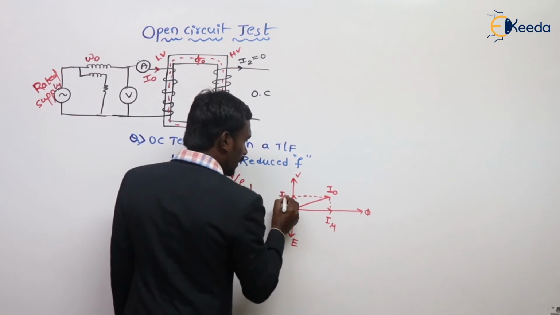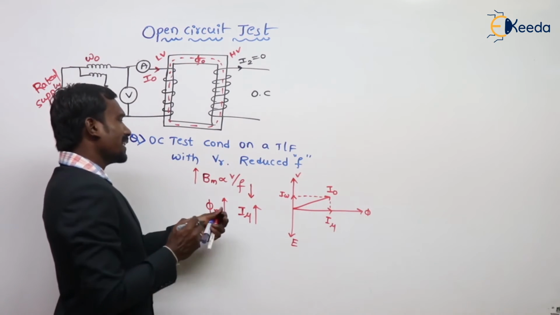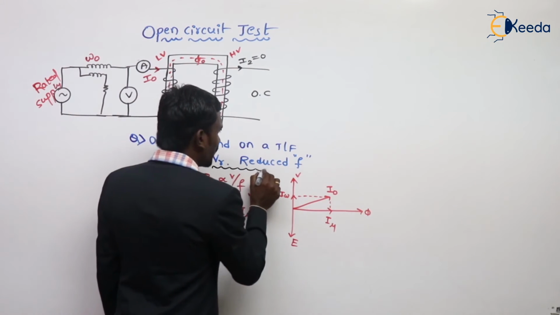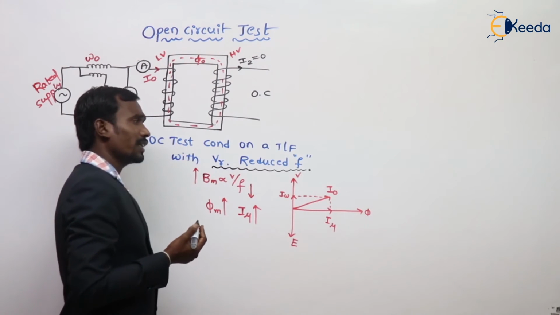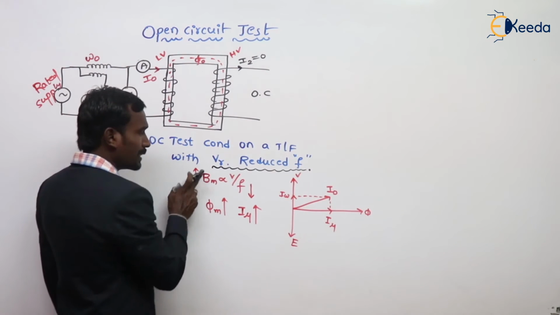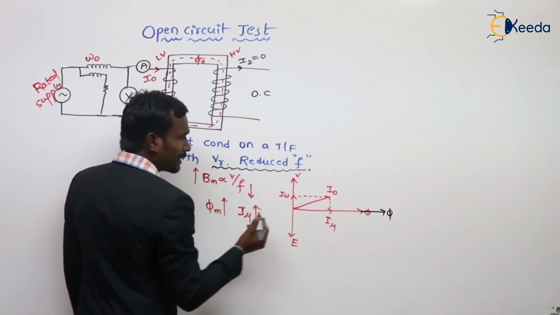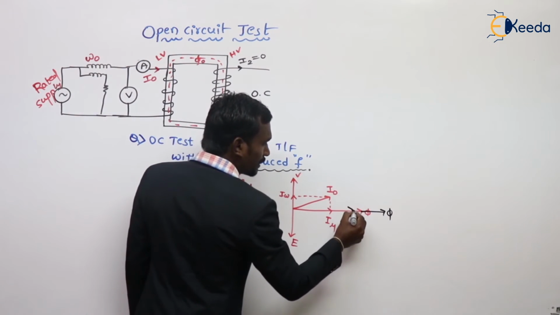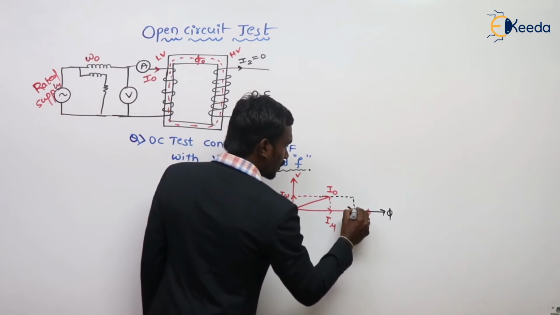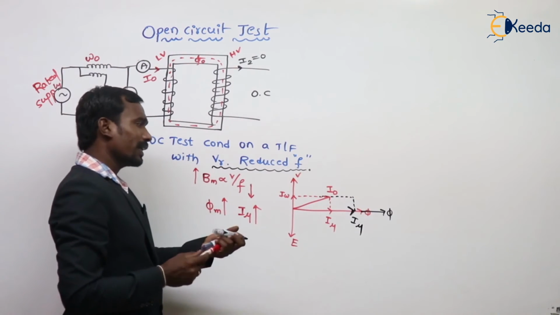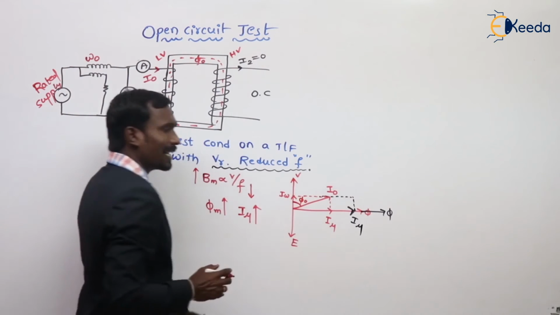But when the test is conducted with the rated voltage and reduced frequency, then B maximum increases and flux increases. When flux increases, automatically I mu increases. Like this, I mu increases. Actually, this is our phi naught, the no load power factor angle.